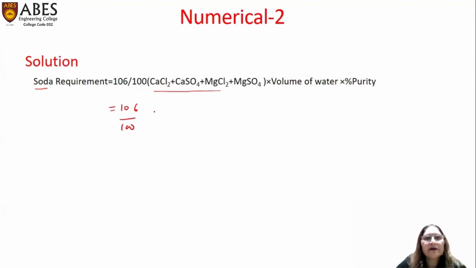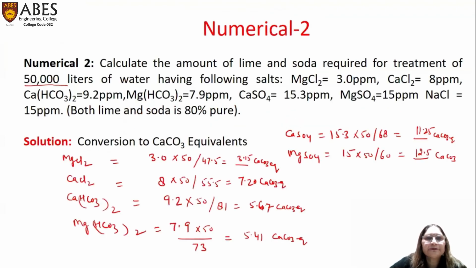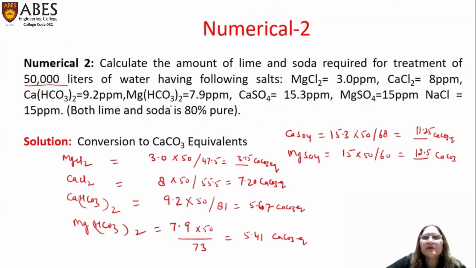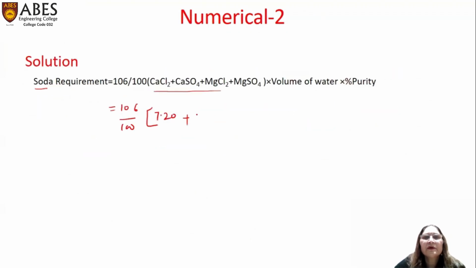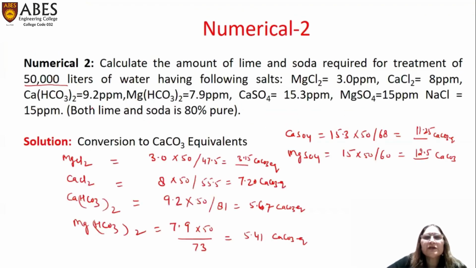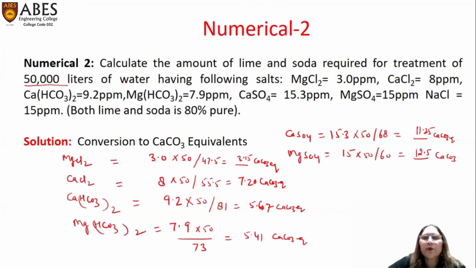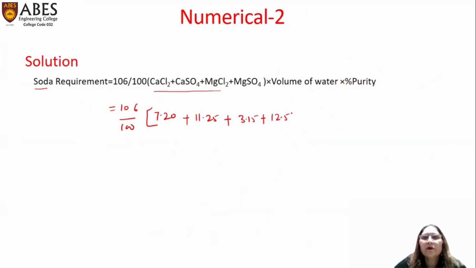106 divided by 100. Calcium chloride 7.20 plus calcium sulfate 11.25 plus magnesium chloride 3.15 plus magnesium sulfate 12.5, all in terms of calcium carbonate equivalent, and volume of water 50,000.